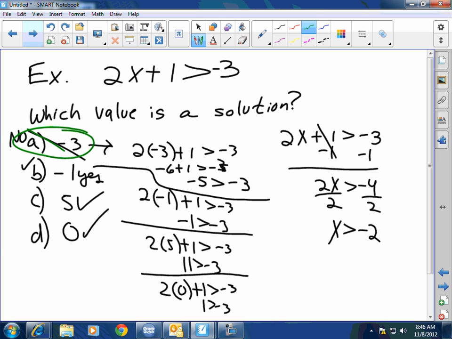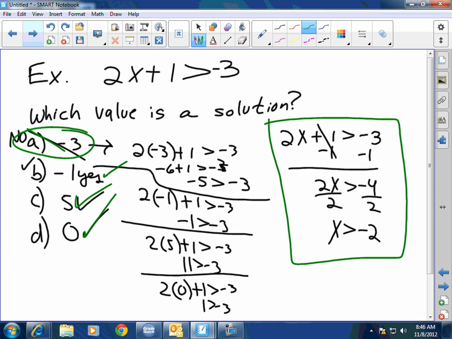No, so that's not a solution. Is negative 1 greater than negative 2? Yes, so it's a solution. Is 5 greater than negative 2? Yes, so it's a solution. Is 0 greater than negative 2? Yes, it's a solution. And I don't know if you noticed, but did any procedure of solving a two-step equation change for solving this? No. Like I said, we're going to learn now in a few minutes the only time that it changes.